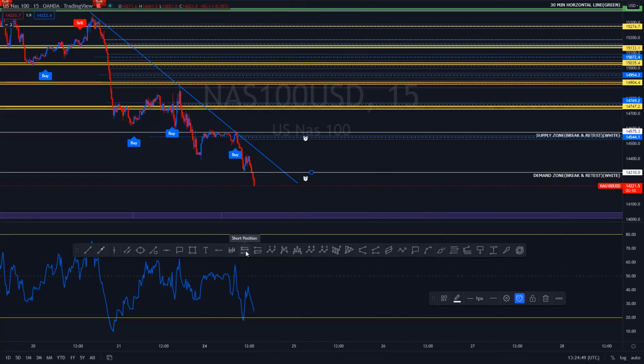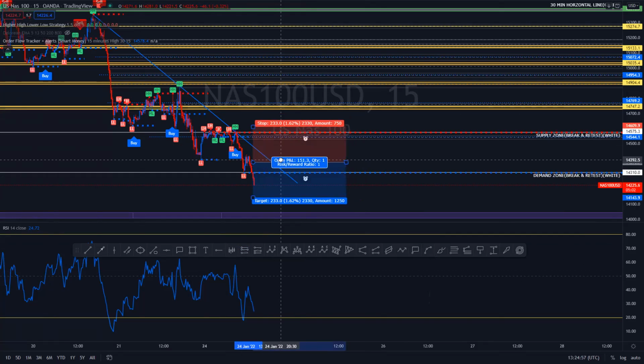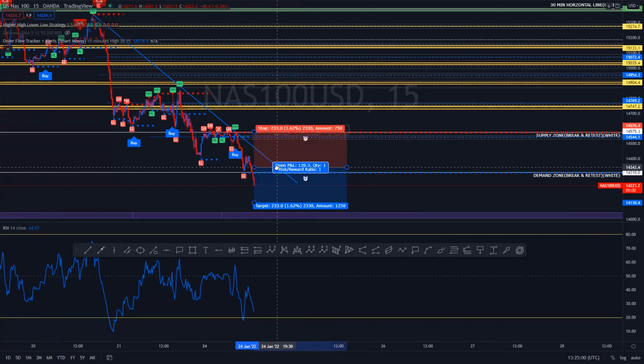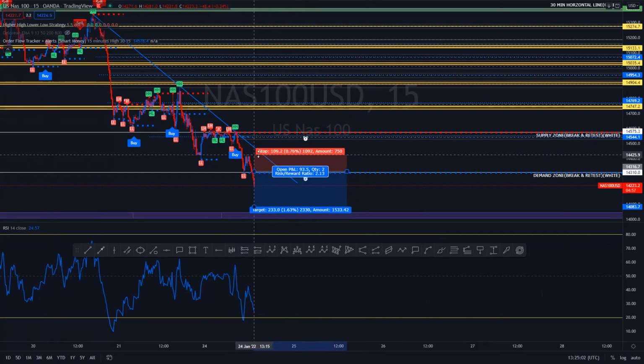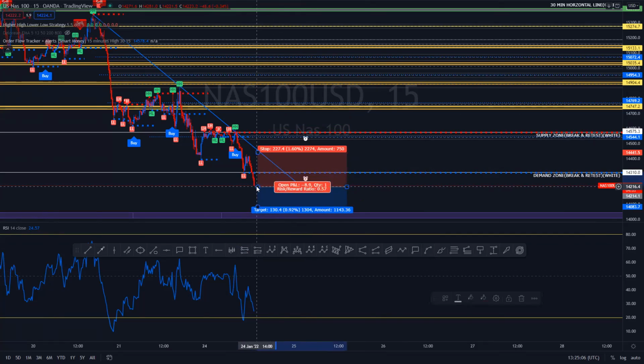So I'm going to take my short position here. Let me actually turn this on. Put my stop loss here. See, price is crossing over.